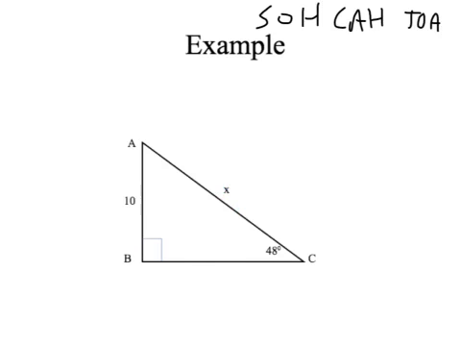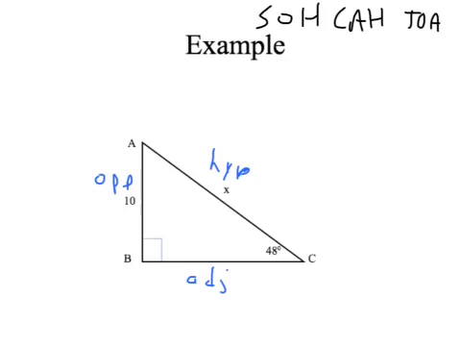So for the next example, I've already went ahead and wrote SOHCAHTOA at the top. Let's label the sides. So opposite the right angle is my hypotenuse. Opposite the 48-degree angle is 10. So this is my opposite side, which leaves this to be my adjacent. Now look at the sides that we know.